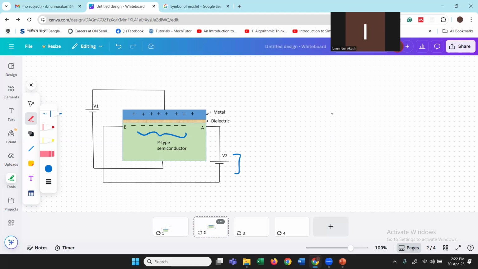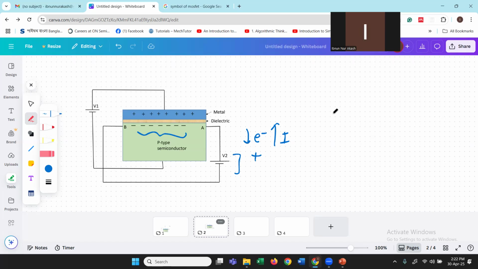As a result, these free electrons will be attracted by the positive side of the voltage. As a result, we can find a flow of electrons, inversely, a flow of current. That means by applying voltages V1 and V2, we can get a current. So these are the building blocks of creating a MOSFET.